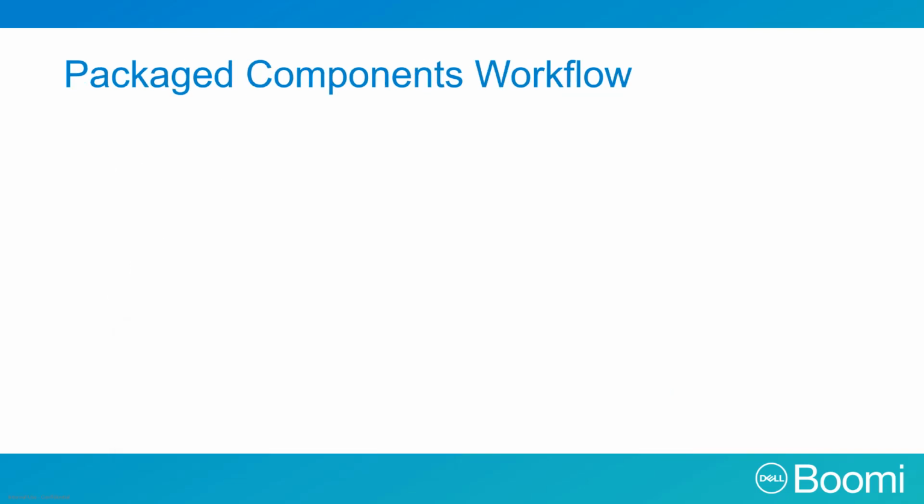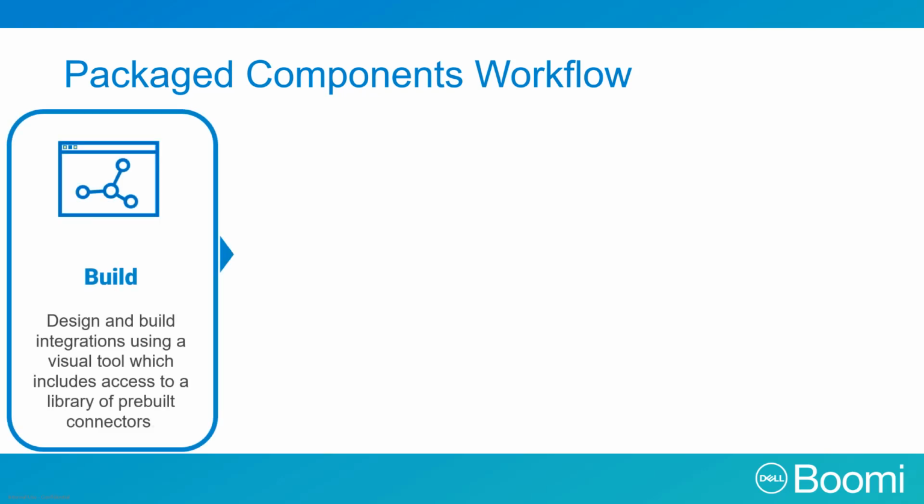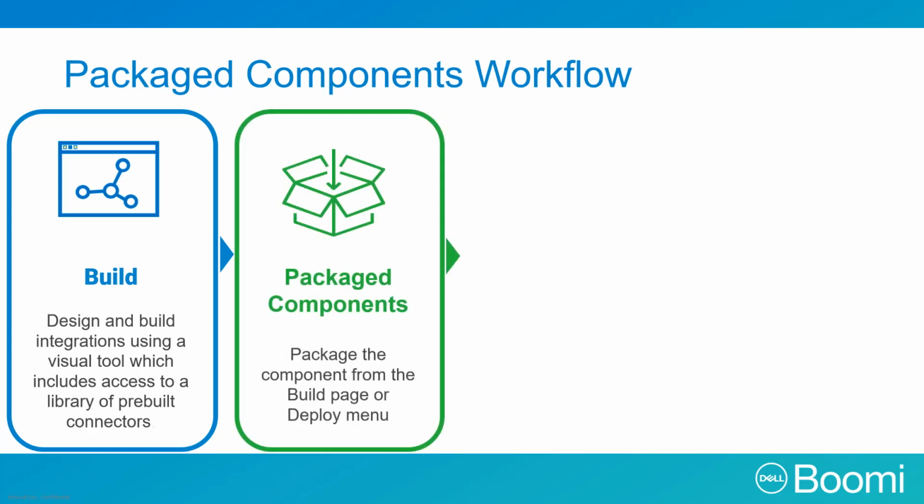As discussed in Boomi Essentials, the first step is to build the process. You built the account XML to CSV in the Boomi Essentials class. If you want to learn more about process development, please attend classes in the developer track. Next, you will package your components. This can be initiated from the Build page or the Deploy menu.